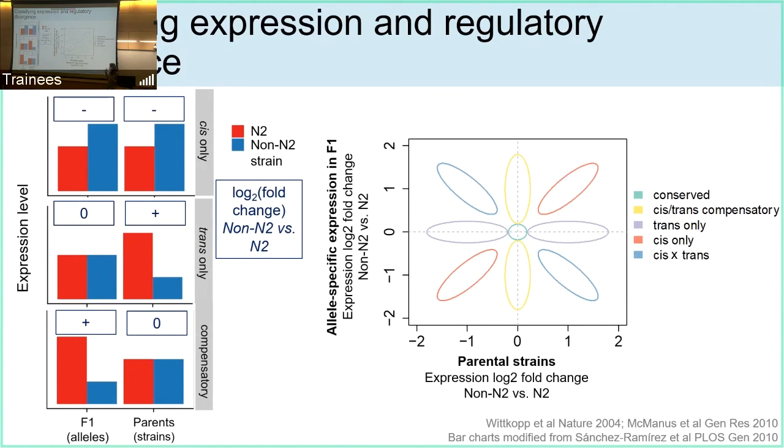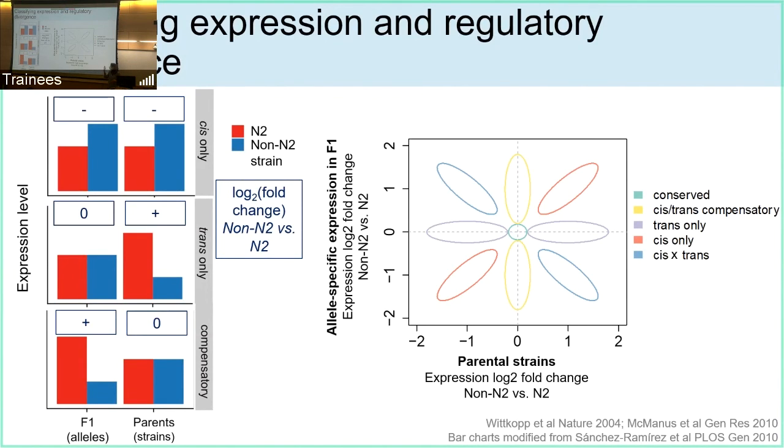And we can actually look at this genome-wide all at once by plotting on a scatter plot, on the x-axis, the difference between the parental strains, and on the y-axis, the difference between the alleles. So in this sort of space, along the y equals x line, in coral here, would be the cases where there's equivalent difference between strains and alleles. Those would be our genes with cis-regulatory changes dominant.